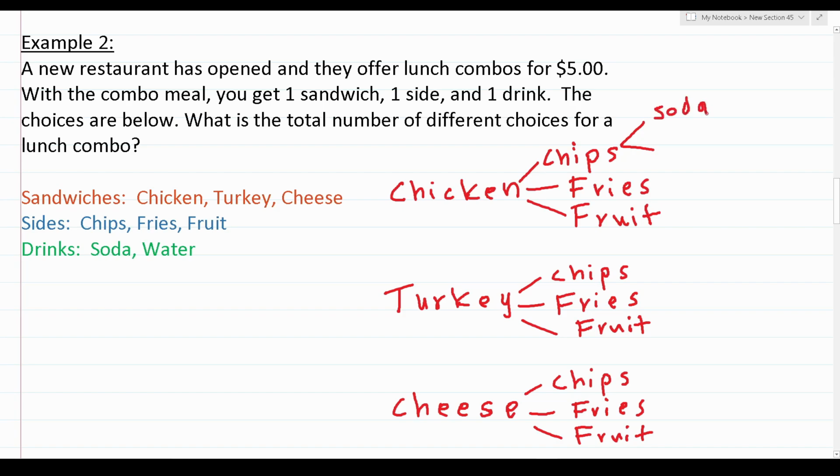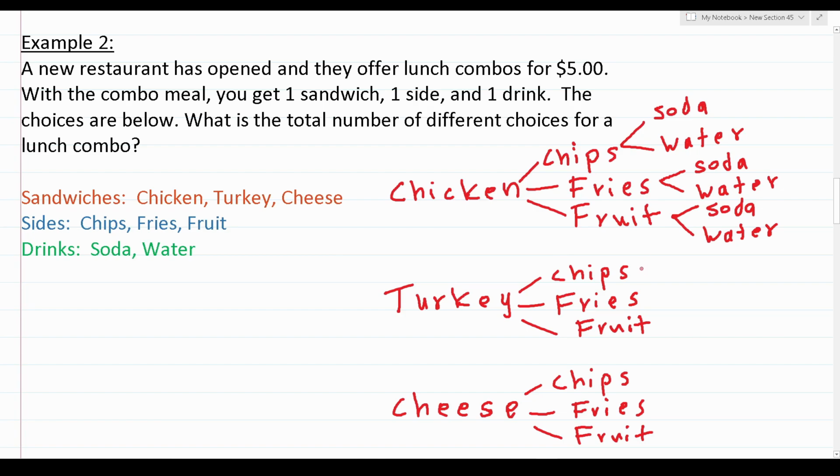So if we have a chicken sandwich with chips, we can have either soda or water. If we have a chicken sandwich with fries, we can have soda or water to drink. And if we have a chicken sandwich with fruit as a side, again, we can have soda or water. And this is going to apply to all of these different options.